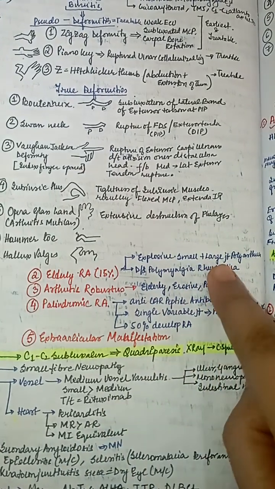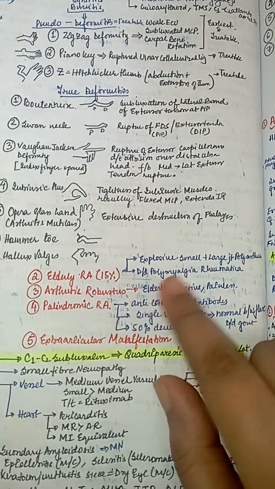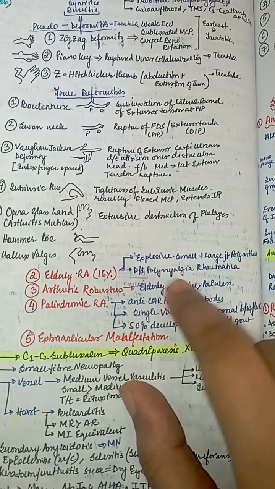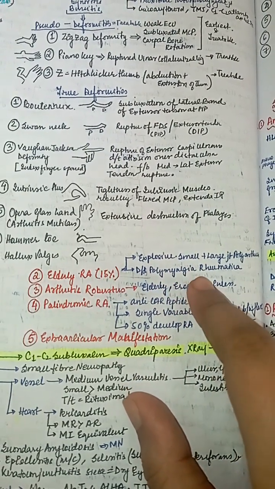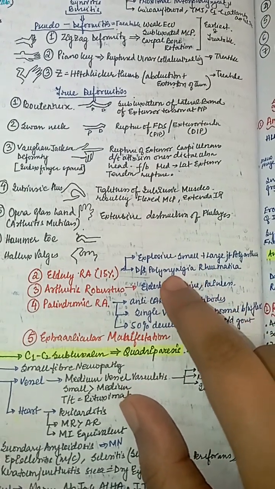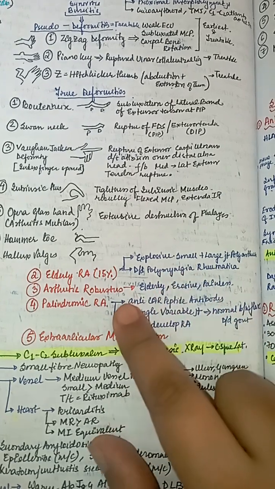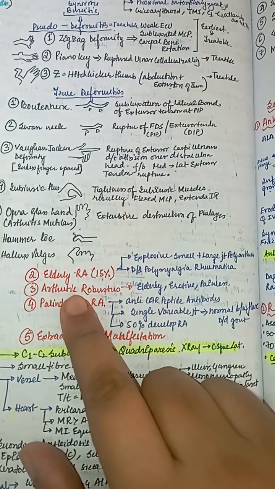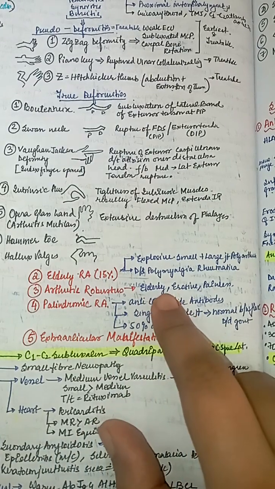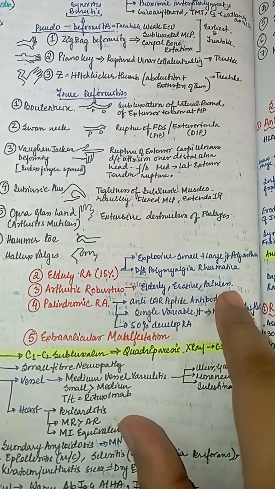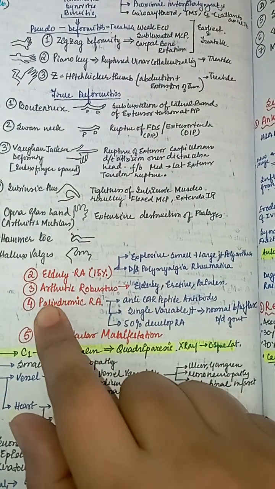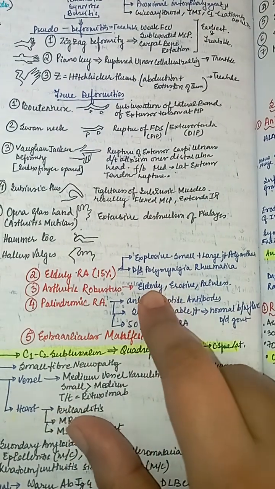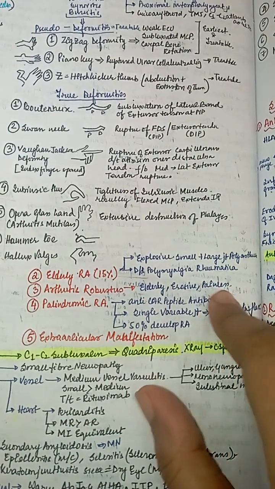This is explosive small plus large joint polyarthritis. The differential diagnosis is giant cell arthritis, that is polymyalgia rheumatica, and arthritis robustus, which affects the elderly, and it is erosive and painless.